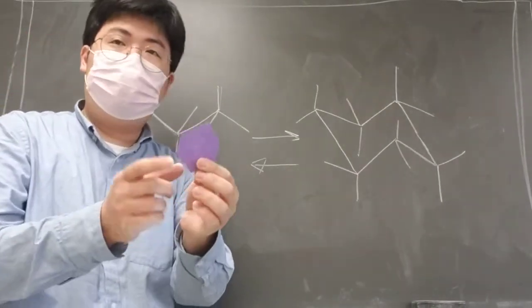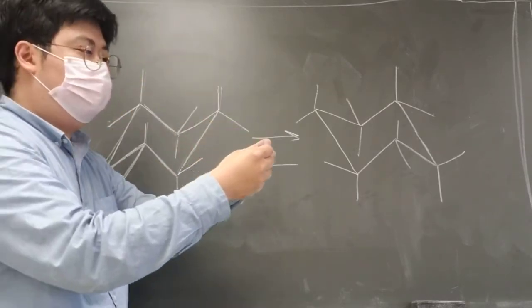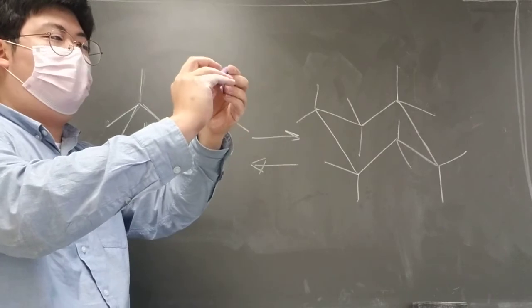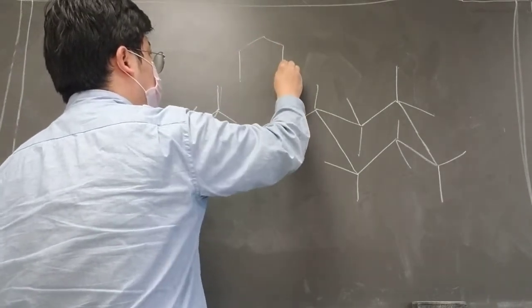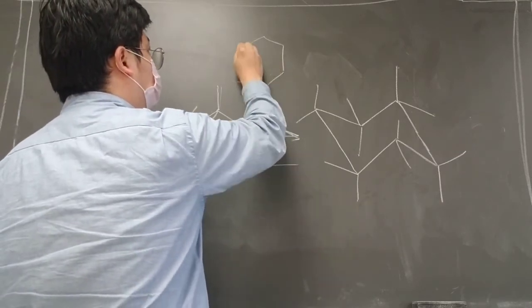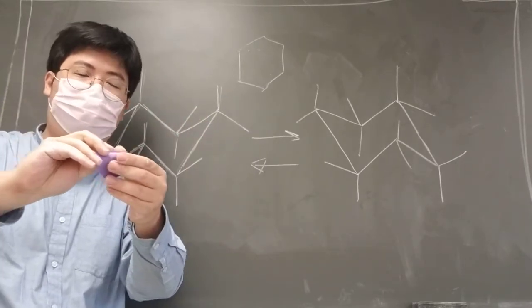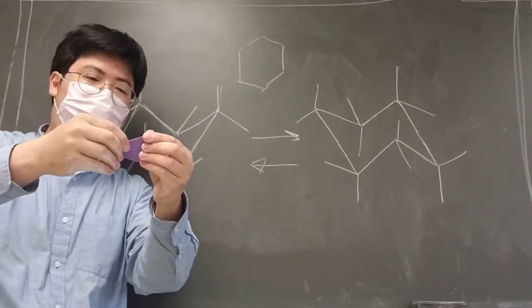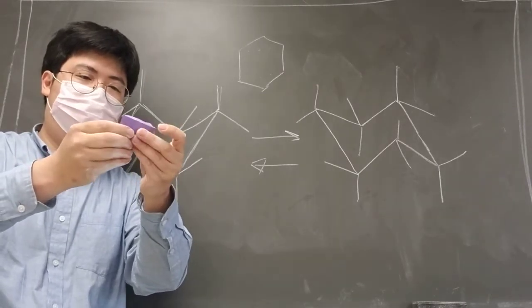So if you have this type of paper, you can try to fold on the side here. So I'll show you. If you have this shape, secondary shape paper, try to fold here. Fold these two like this. Try to fold top and bottom. Okay.